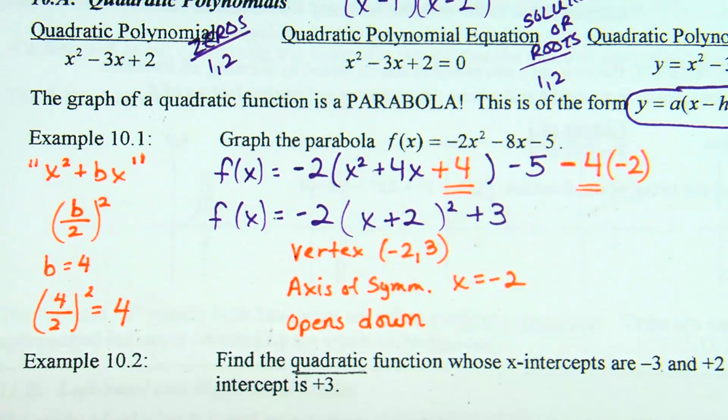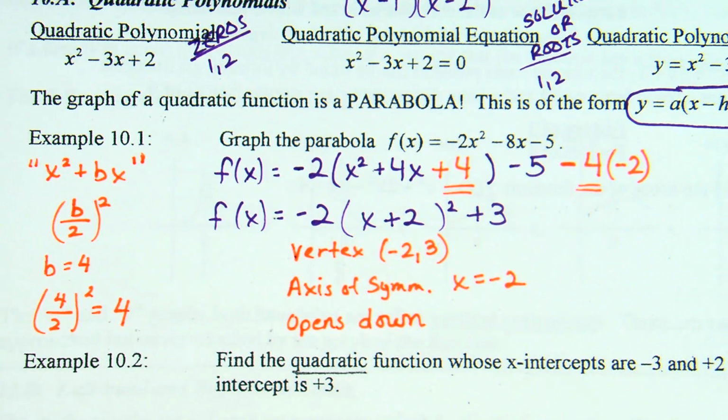So when I graph this, I have my axis of symmetry, I have my vertex, I know it opens down. I always encourage you to get one other point. Stretch by a factor of 2. What's another good point we could use here? That's the vertex. What's an easy number to plug in? 0.